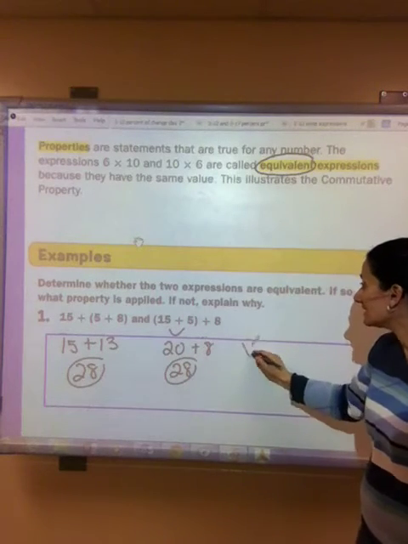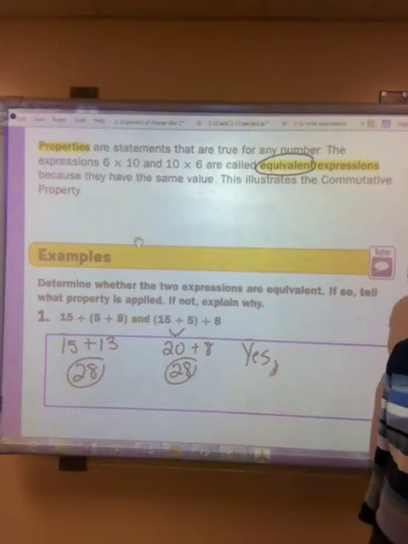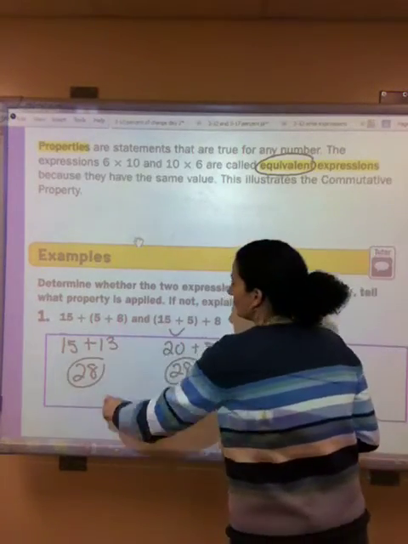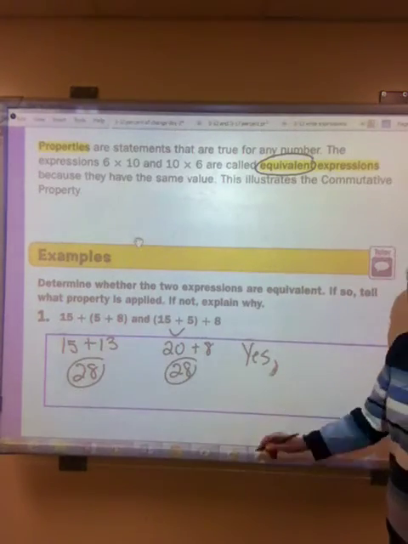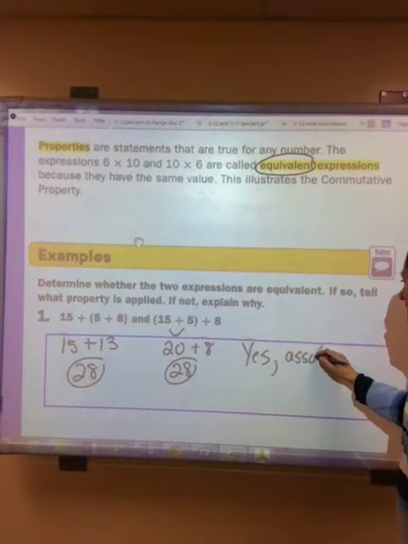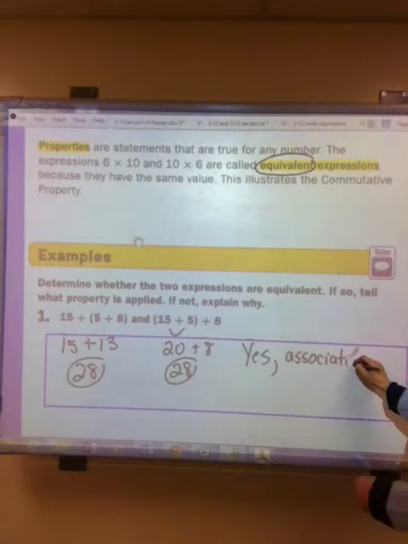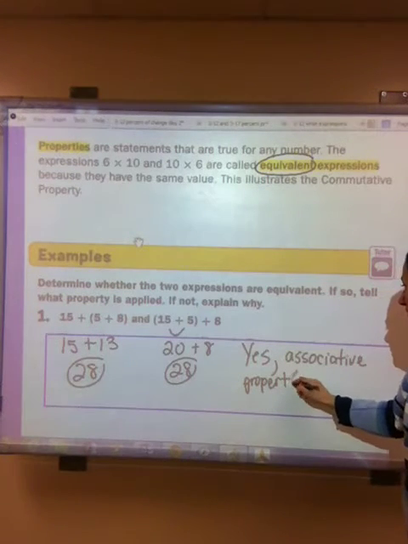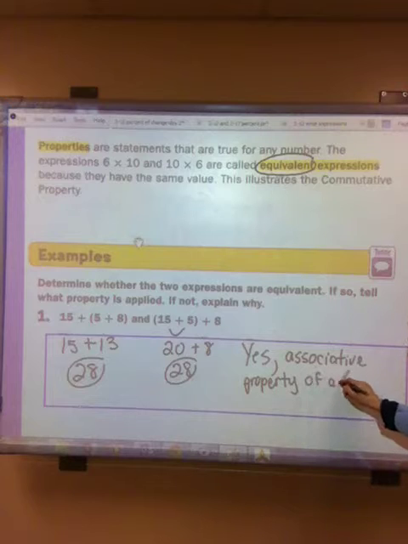So I would write, yes, these are equal. You should have known that from the beginning because the associative property is being demonstrated. So I would write, yes, this is the associative property of addition.